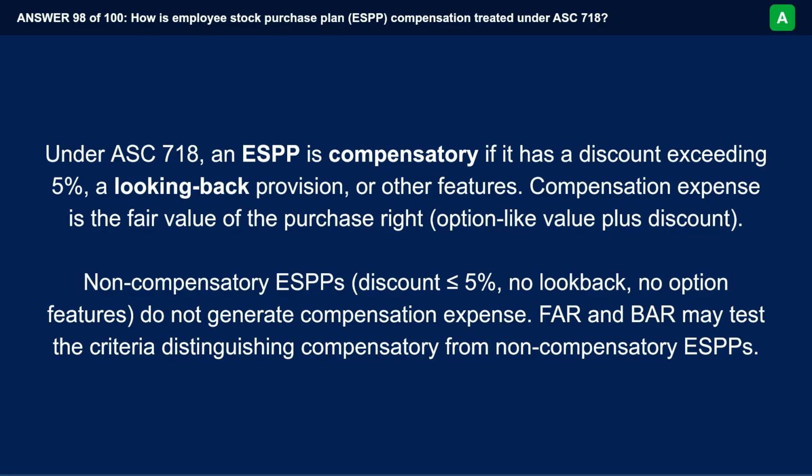Compensation expense is the fair value of the purchase right, option-like value plus discount. Non-compensatory ESPPs, discount less than or equal to 5%, no look-back, no option features, do not generate compensation expense. FAR and BAR may test the criteria distinguishing compensatory from non-compensatory ESPPs.